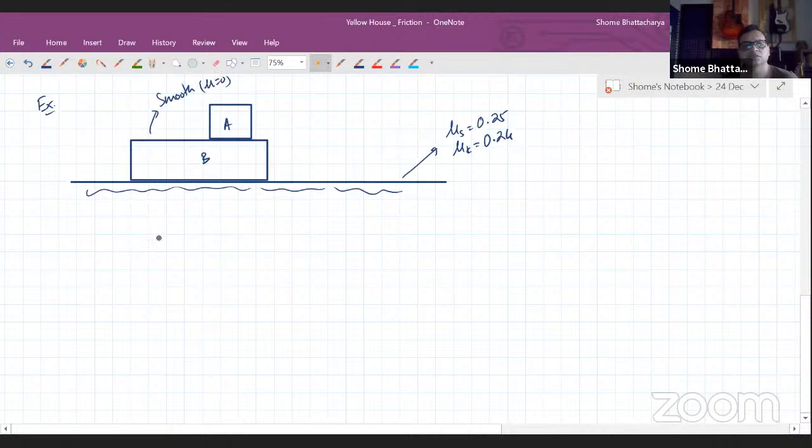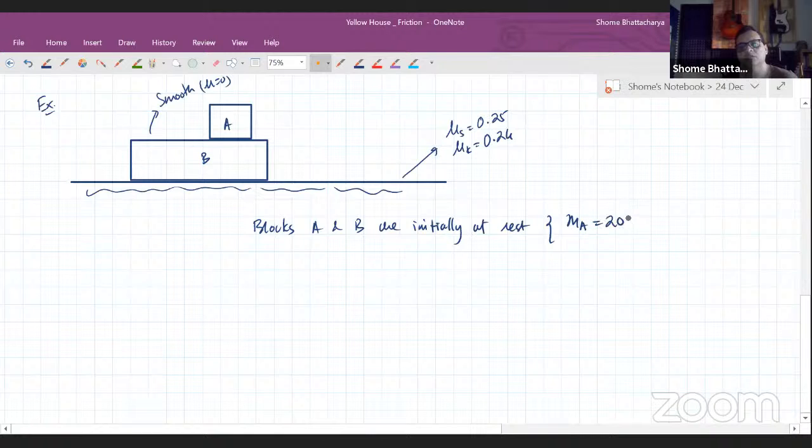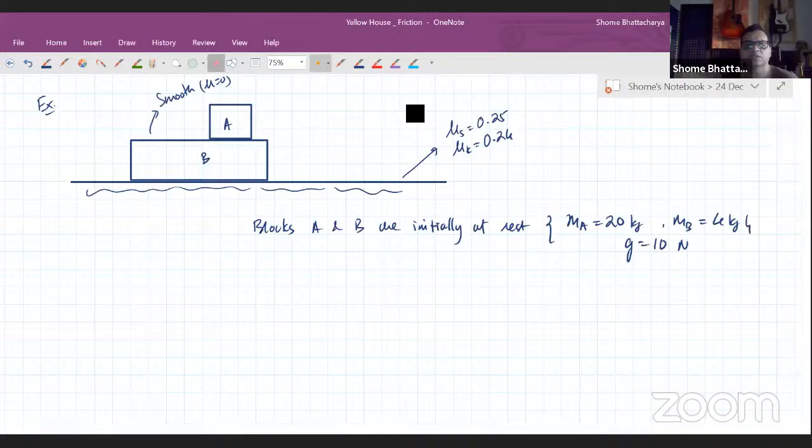Coefficient of friction is 0, and the blocks are initially at rest. The mass of the block A is 4 kilograms, the mass of the block B is 20 kilograms. G is 10 meters per second square.